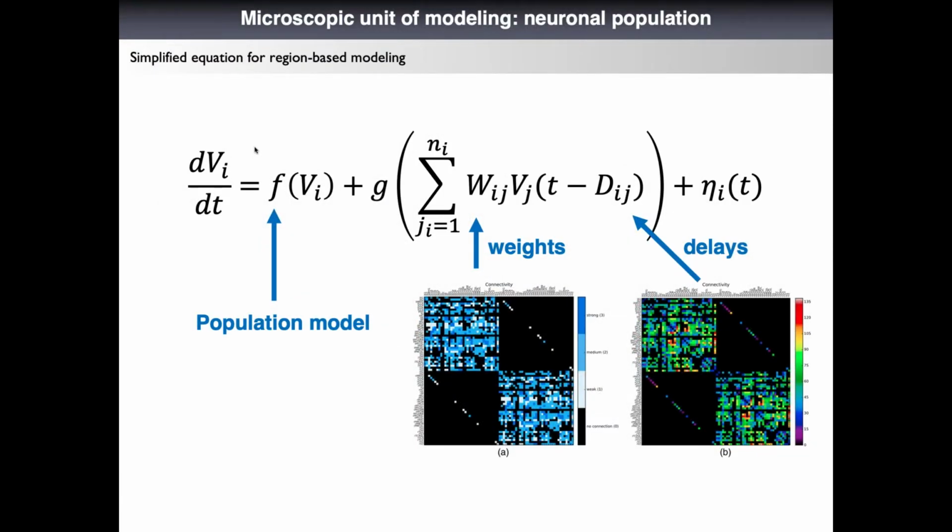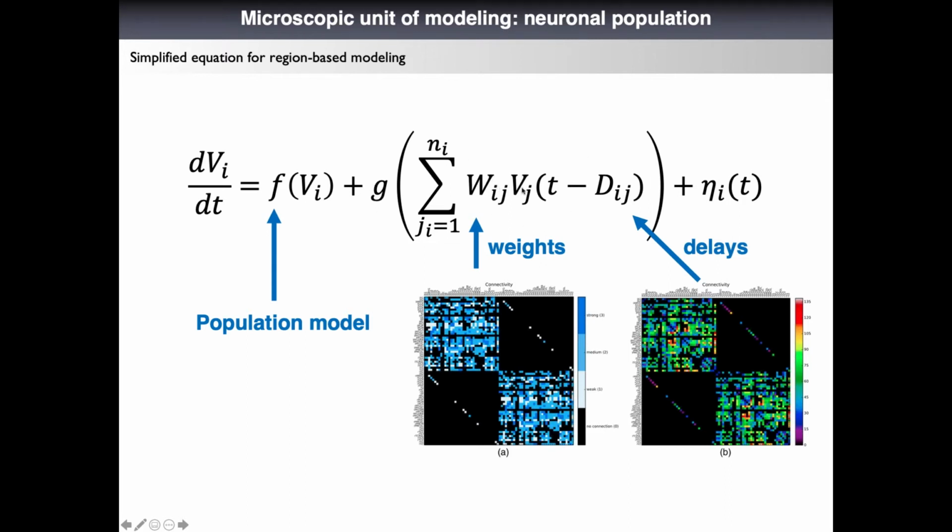We can simplify this equation for brain region modeling. We don't have any more integrals, we have sums. And this is a very simplified version of the same equation. Still, we have the same kind of equation for the population model.